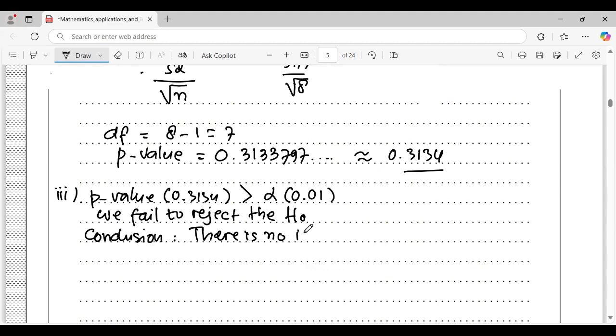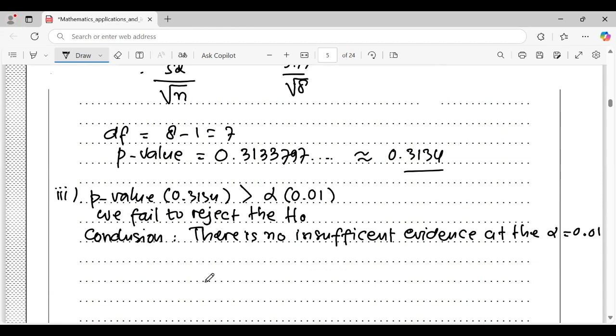And the conclusion: there is insufficient evidence at the alpha equals 0.01.